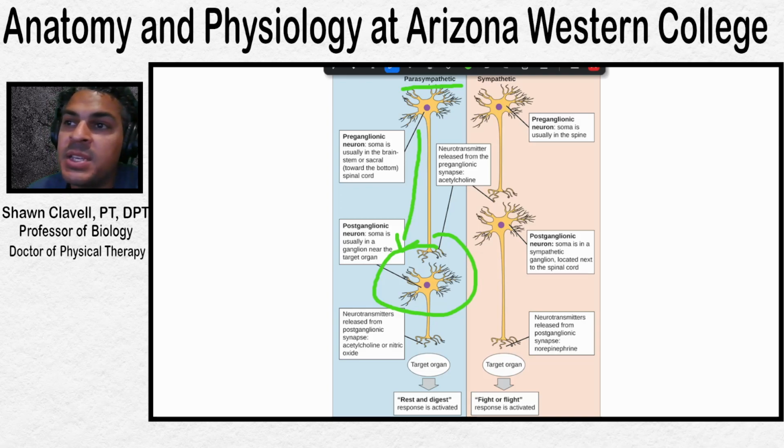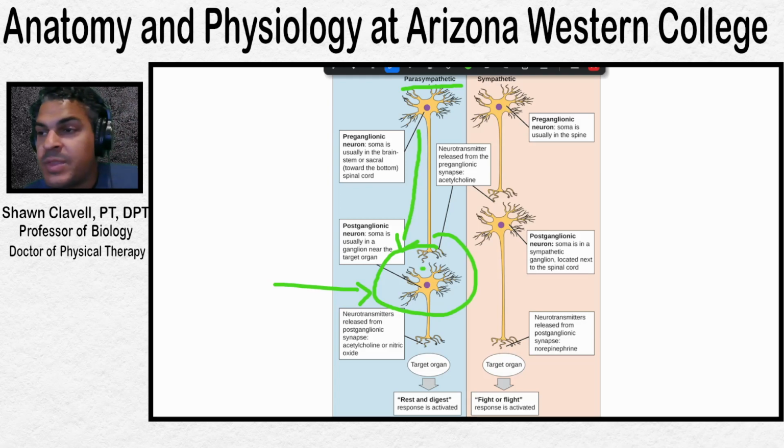So what happens here is that the ganglion, this secondary neuron here, is very close to the effector organs, right? Your stomach, your digestive tract, your pupillary muscles related to the eye, right?